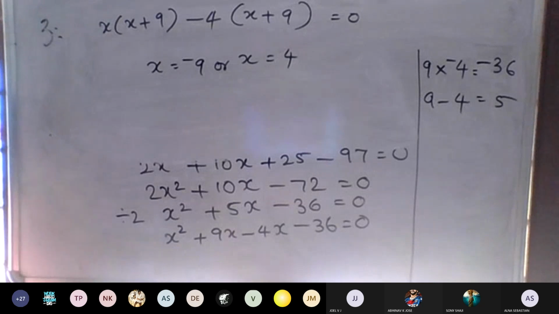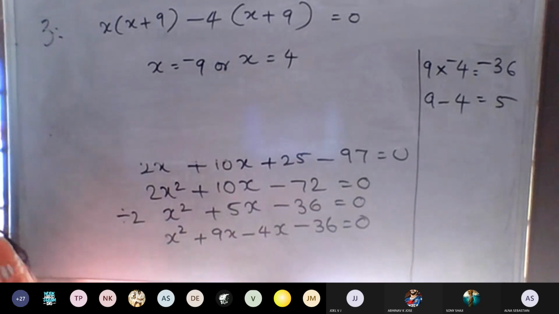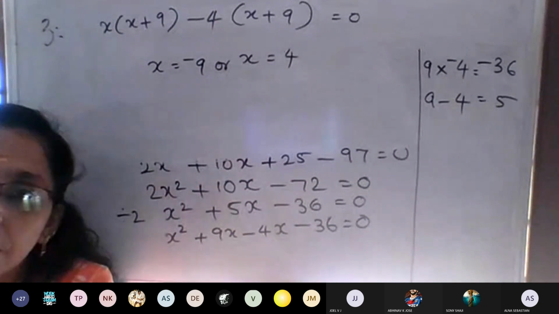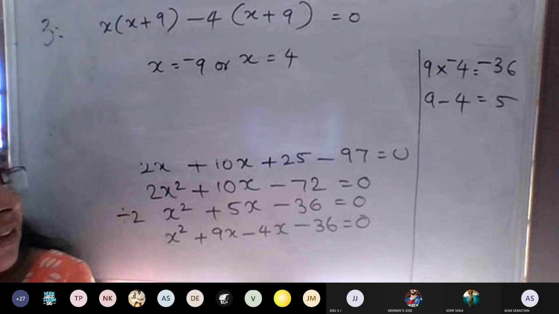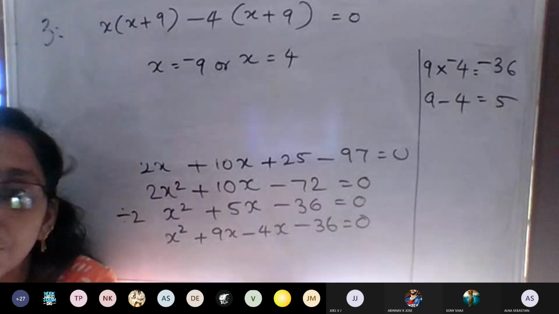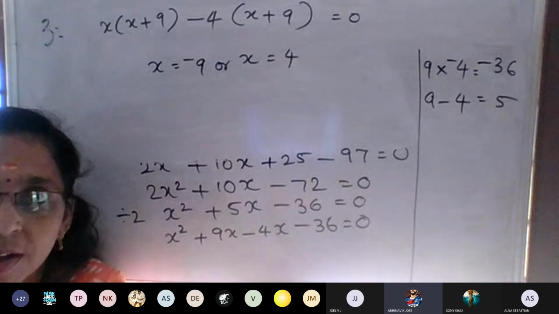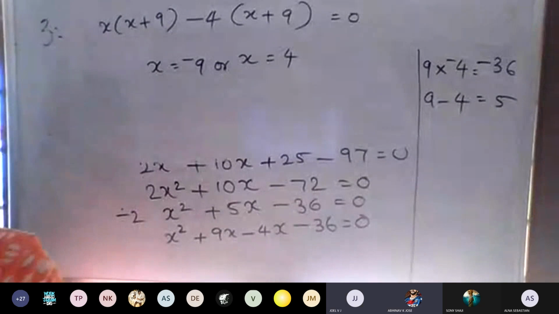What do we have to do? Find the two natural numbers. X is equal to negative 9 or x is equal to 4 is the answer, but we have to take only one.